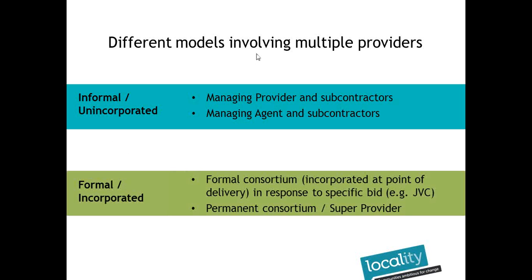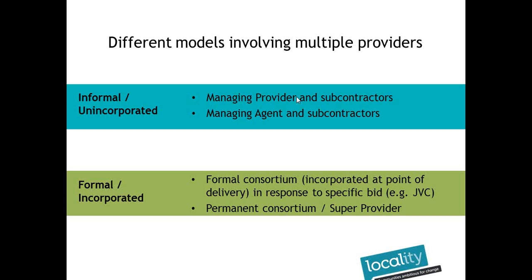And the other real option there is a more formal incorporated option. So your two real options are incorporated and unincorporated, but with the incorporated options, you might look at a formal consortium in response to a specific bid. Some people often call these joint venture companies, and that might be where 2, 3, 4, 5 organisations come together, form a new company for a specific contract. They deliver that contract and they walk away at the end of it.